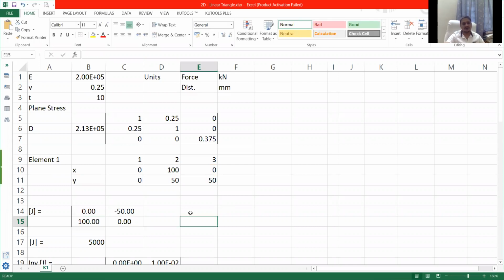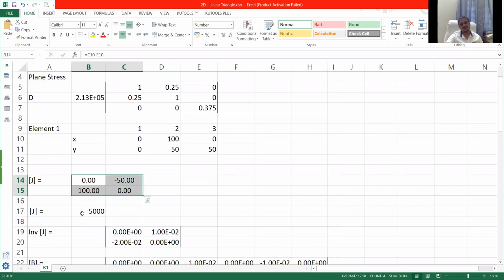Accordingly you will get the J matrix, and then we can get the determinant of the J matrix. The determinant of J is this into this minus this into this. This is going to give you twice the area of the triangle, which is coming out to be 500.